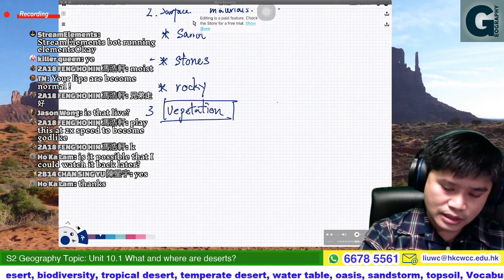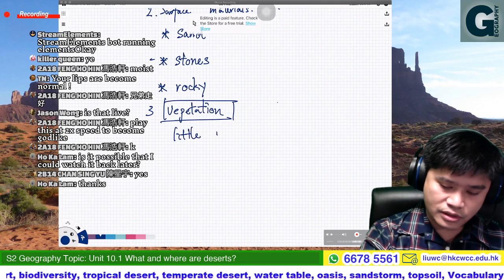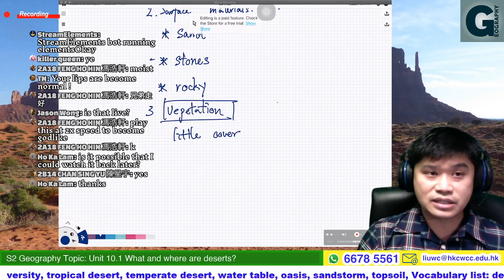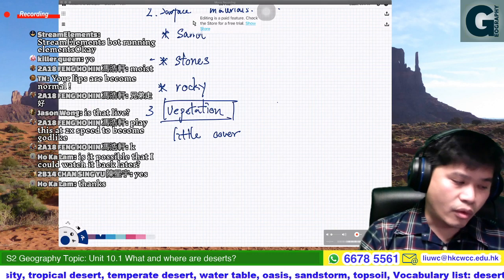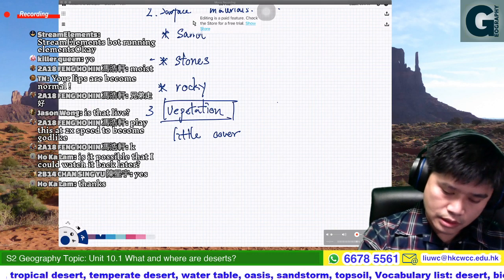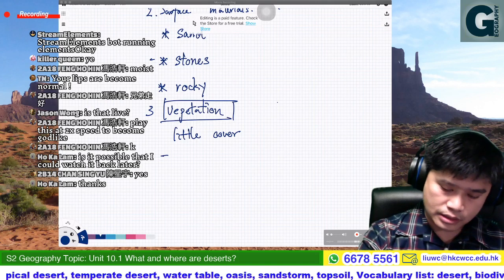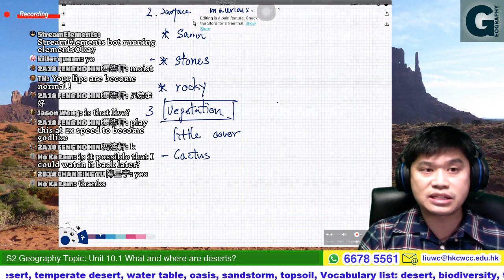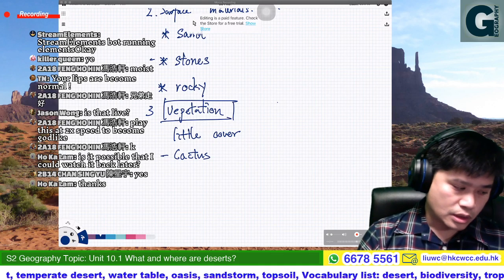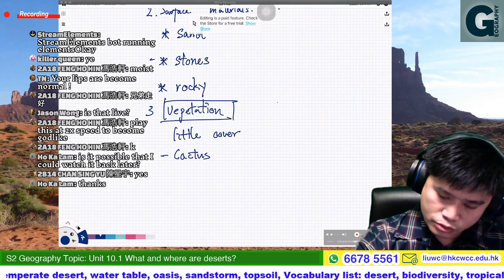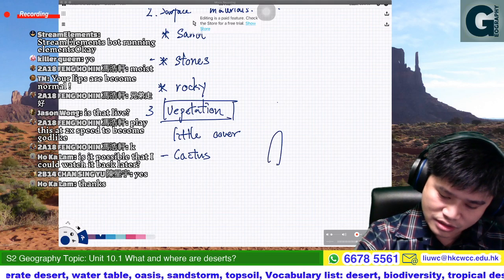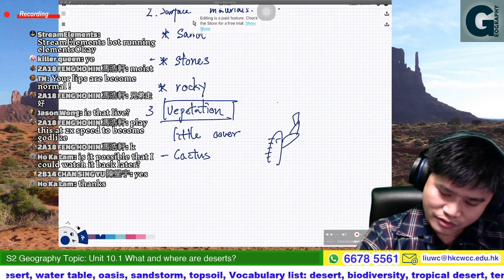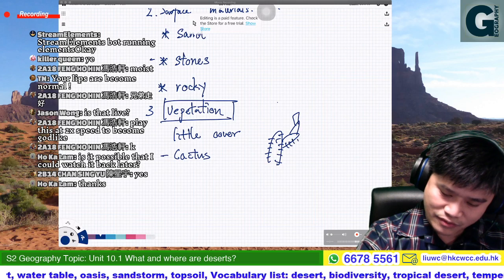Just now we said there is little cover of vegetation, as the desert is very dry. So the common vegetation in the desert would be the cactus. 仙人掌啦. So you should know that. If I draw a picture of a cactus, something like that, there could be a lot of spikes, something like this.